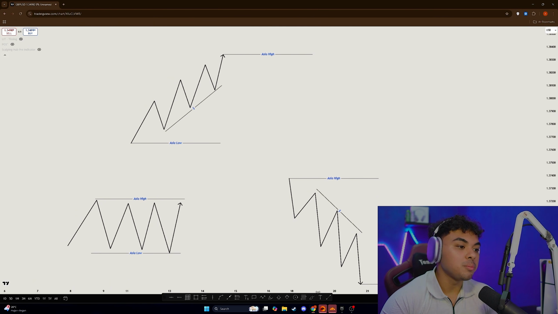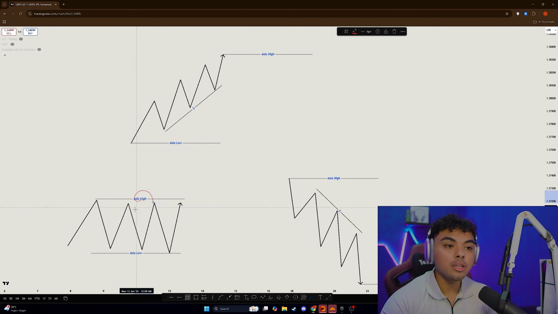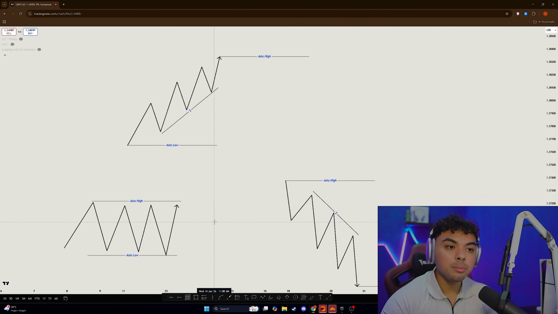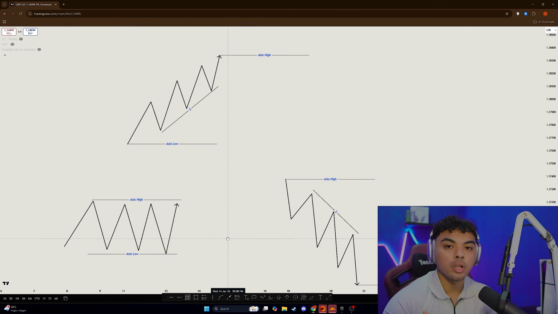Now, the Asia high and Asia low will only be taken if it's a build up liquidity, meaning that if the entire Asian session was a build up liquidity, you expect the Asia high or Asia low to be taken, right? And if you're not familiar, the Asia high and Asia low in itself is a liquidity.